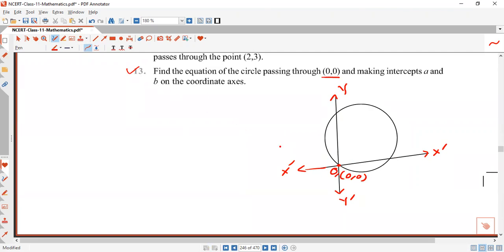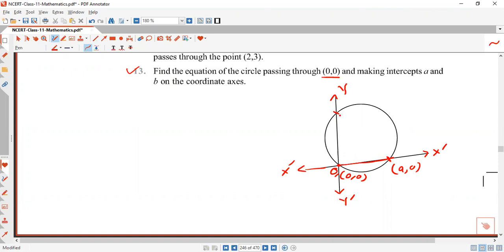And it is making the intercept A on the coordinate axis. We say this is the intercept. This distance is A. So this coordinate is A comma 0. Intercepts are there, not the points.